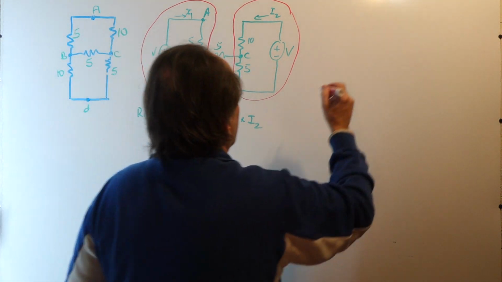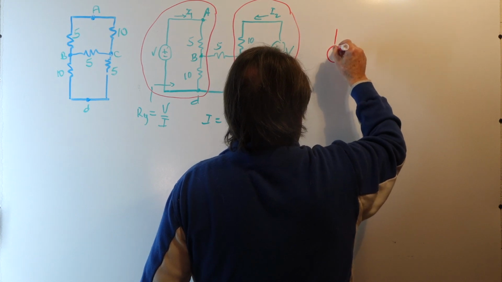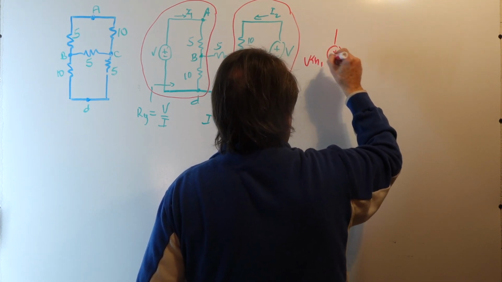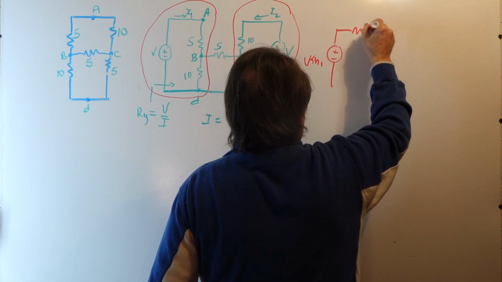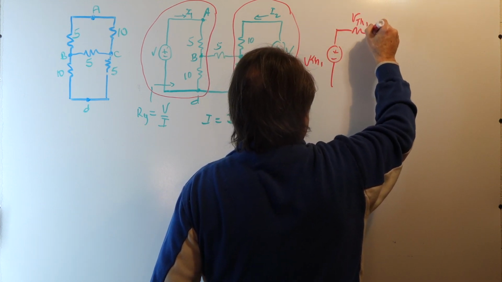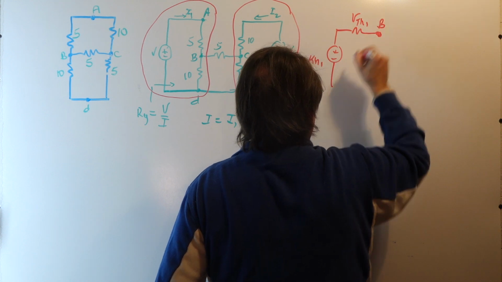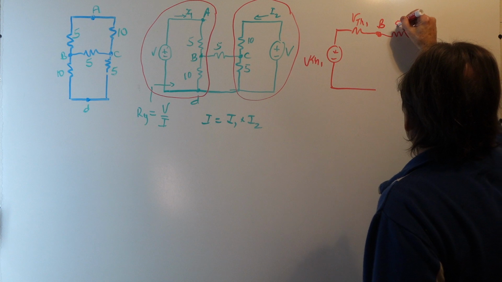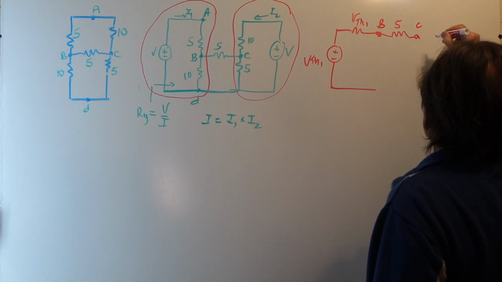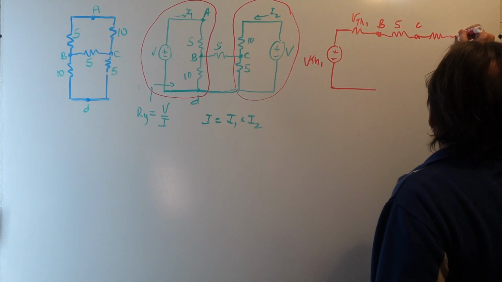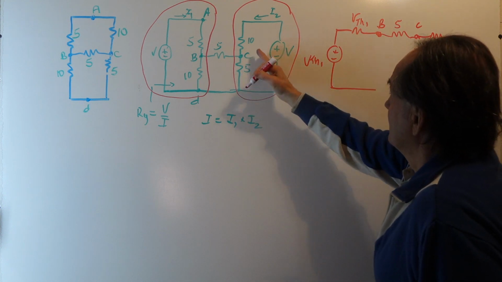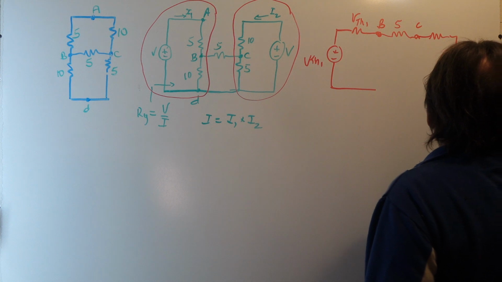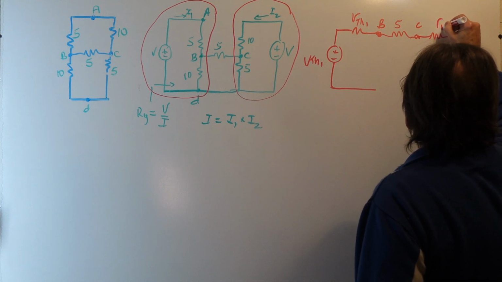So what I'll end up with is a Thevenin voltage, we'll call it VTH1, driving a Thevenin resistance at node B, and then I'll have my 5 ohm resistor connected between B and C, and the network on the right here will be VTH2 with RTH2.